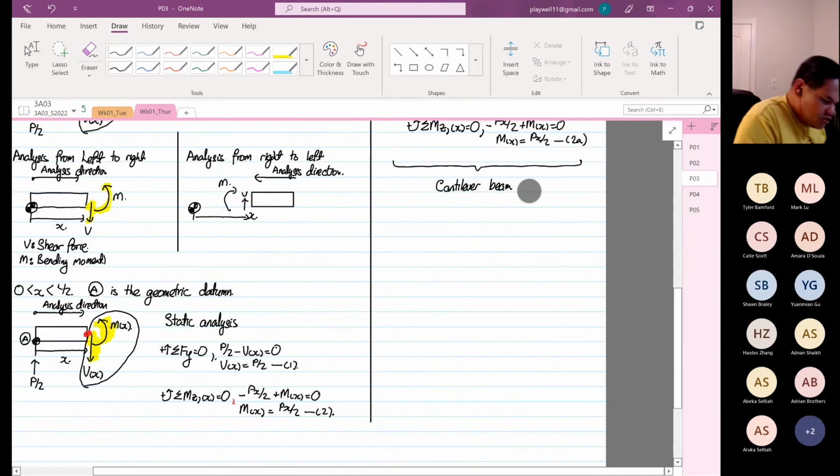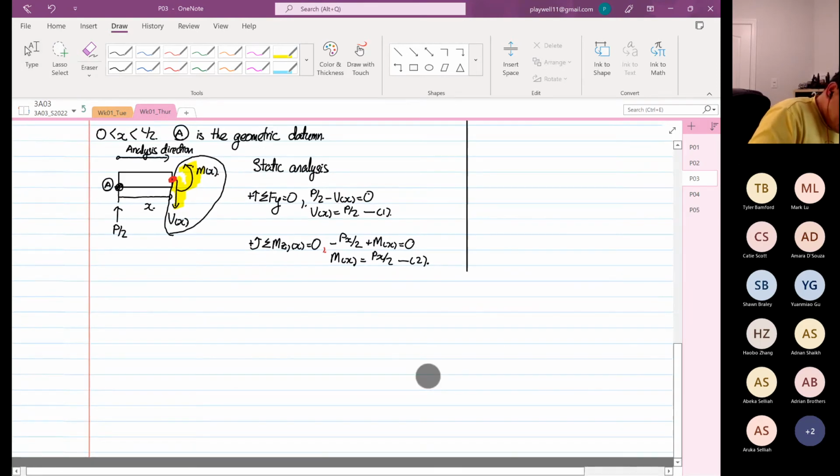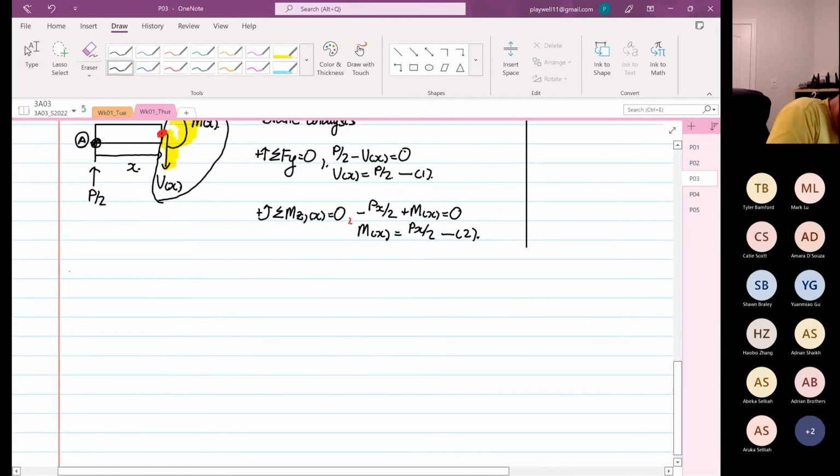So the next thing we're going to do now is we are going to sketch the shear force and bending moment diagrams.